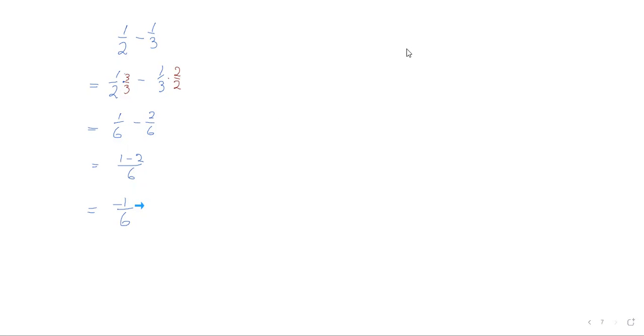Now, let's look at addition of mixed fractions and subtraction of mixed fractions.